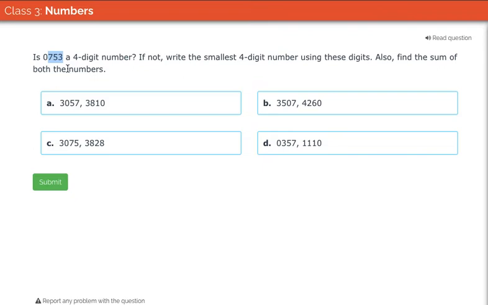Let's write the smallest 4-digit number. It is 3057 plus 753. You can just put the 0.